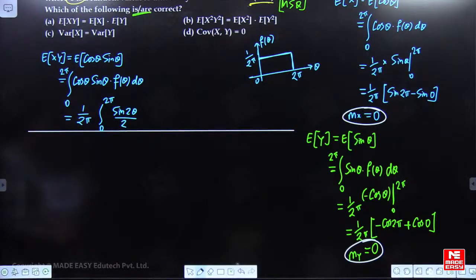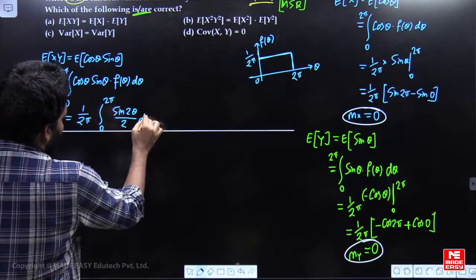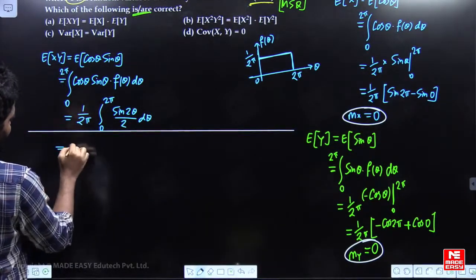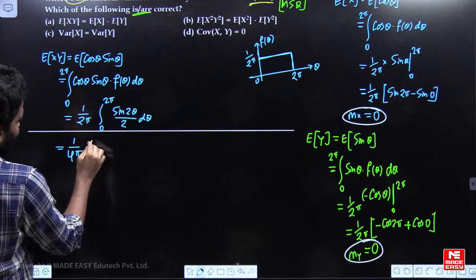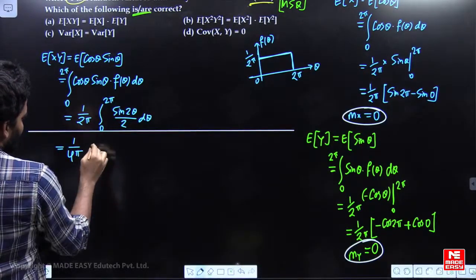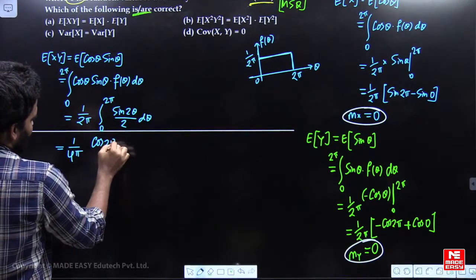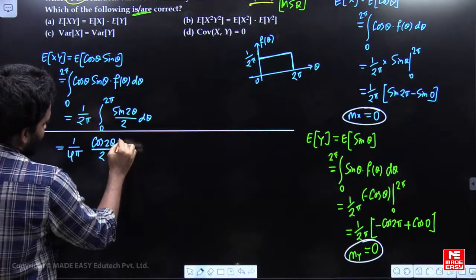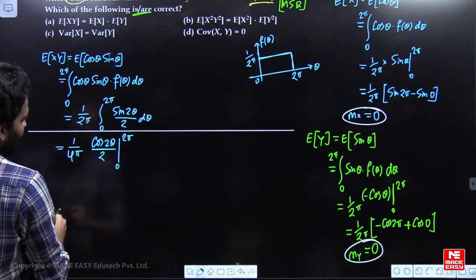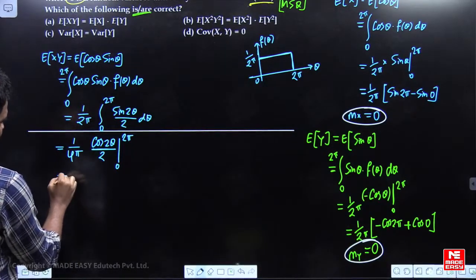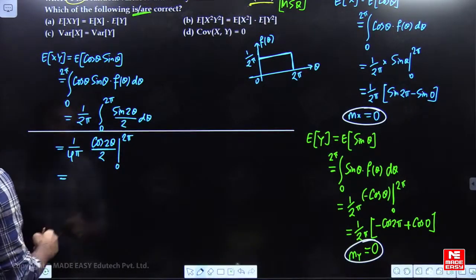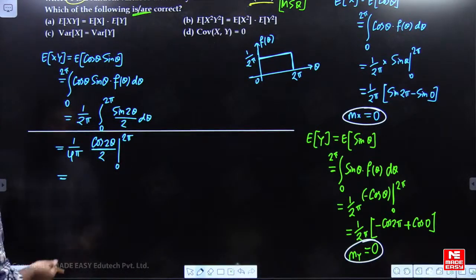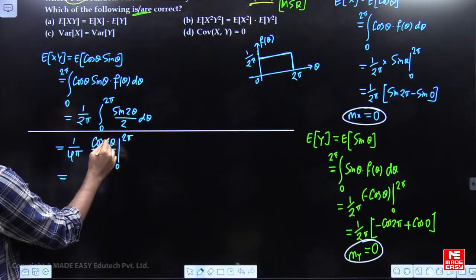Sin 2 theta is 2 sin theta cos theta, no? This is d theta, and this is 1 upon 4 pi, the 2 you can write outside. Integration of sin 2 theta is minus cos 2 theta upon 2, from 0 to 2 pi. If you substitute the limits, upper limit cos 4 pi minus cos 0.